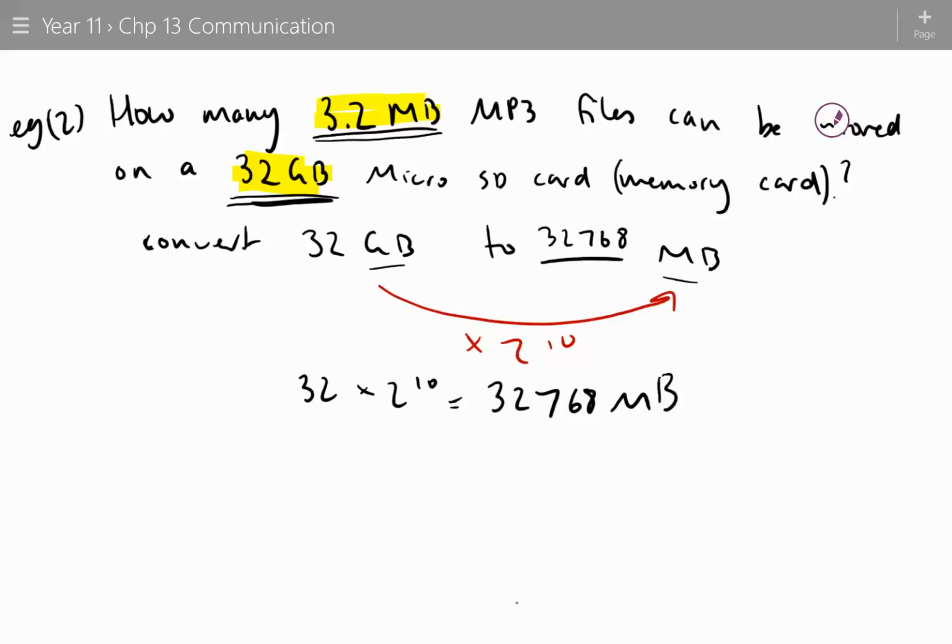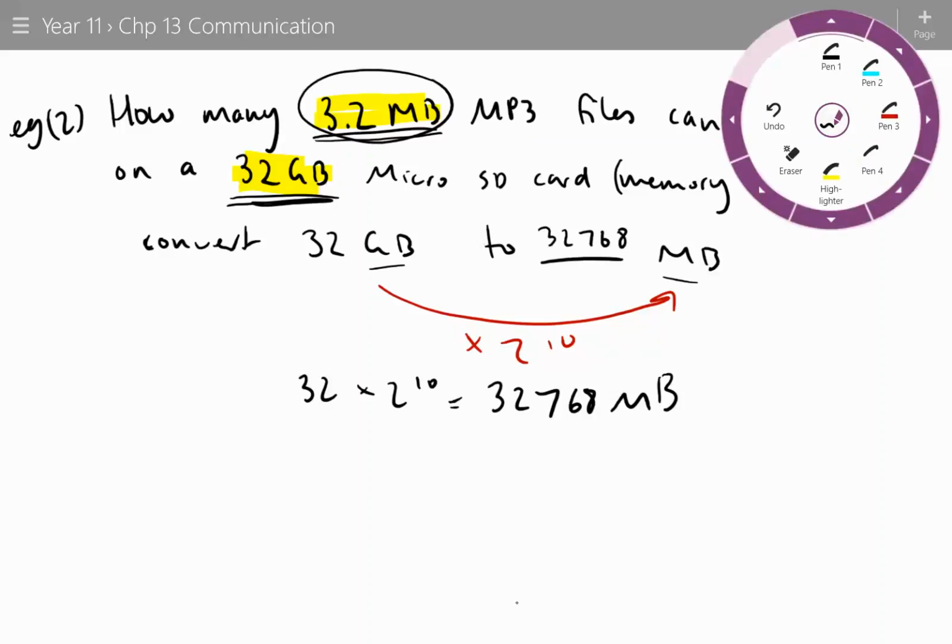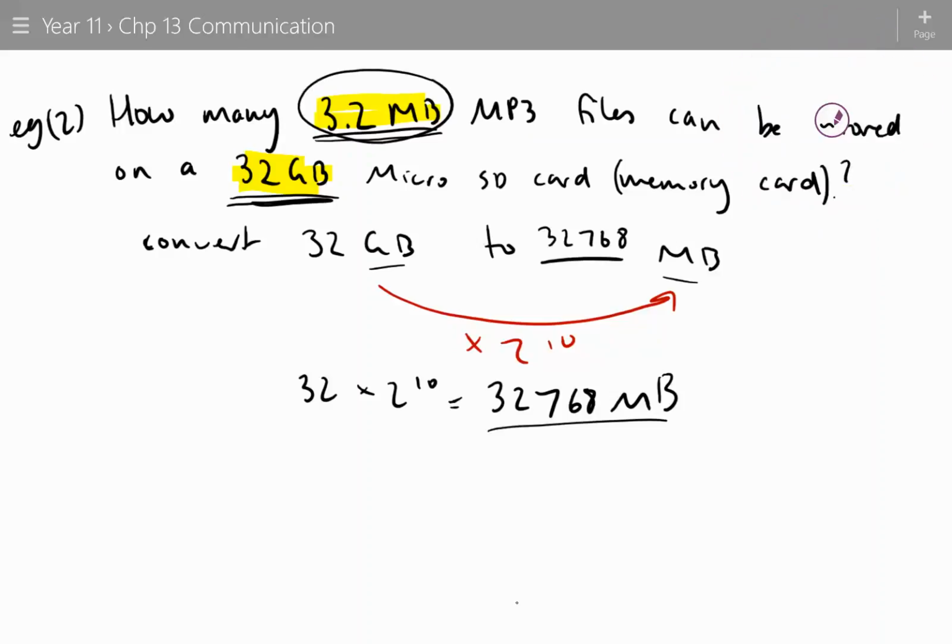Now, I want to know how many 3.2 megabytes can fit into a 32,768 megabyte storage device. So let's see how many, in a sense, I'm just saying, how many 3.2 megabytes can divide into 32,768.